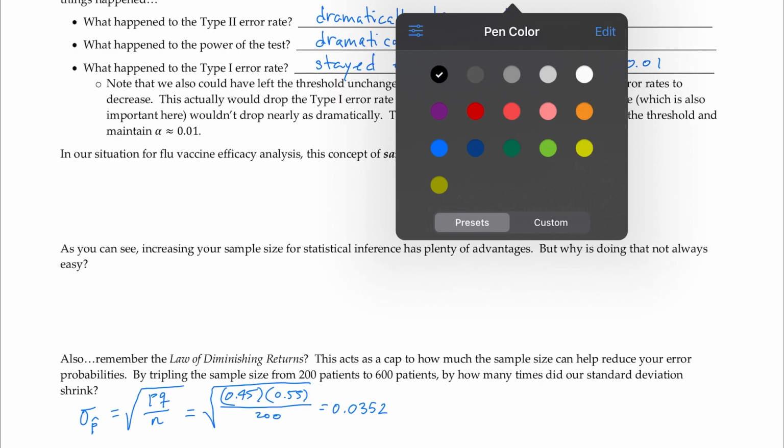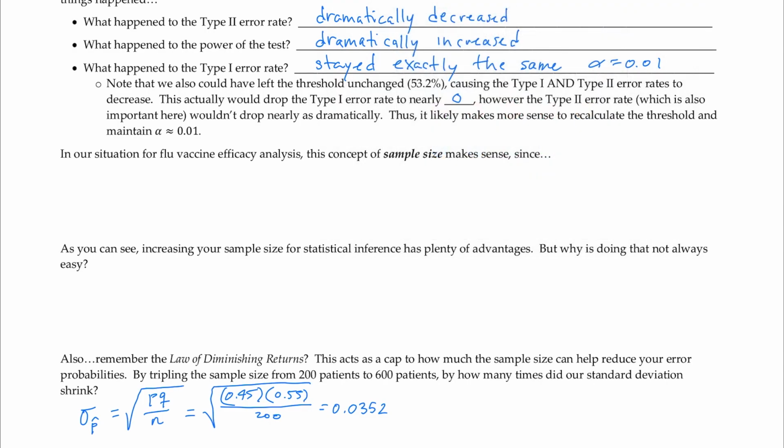Well, we tripled it, right? So now let's do that with 600 people. Same formula, but this time around, we're going to do 0.45 times 0.55 over 600.